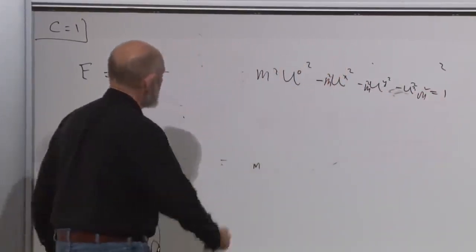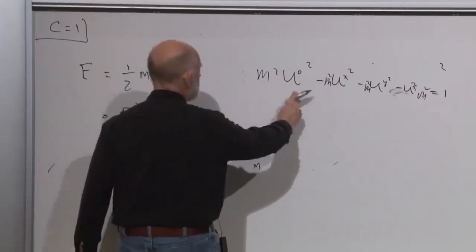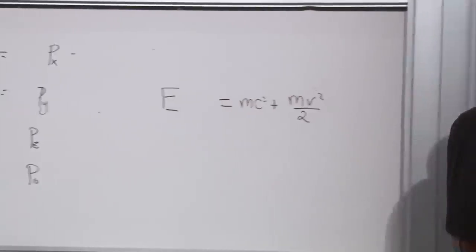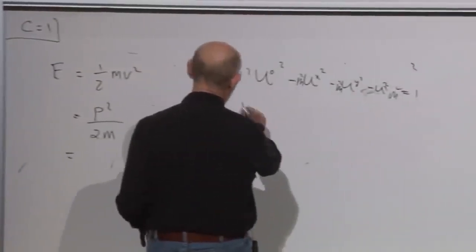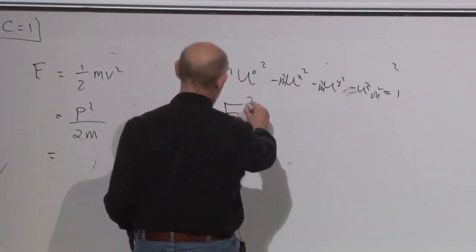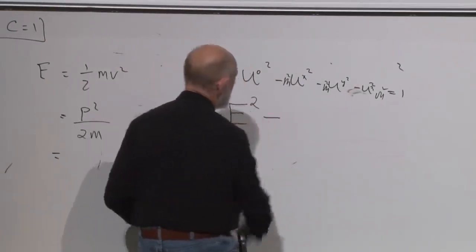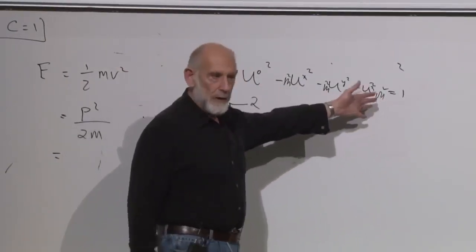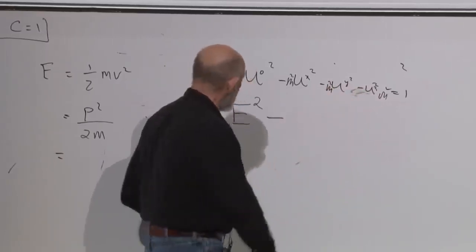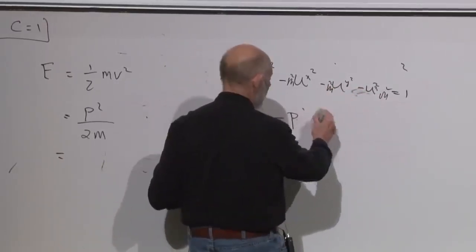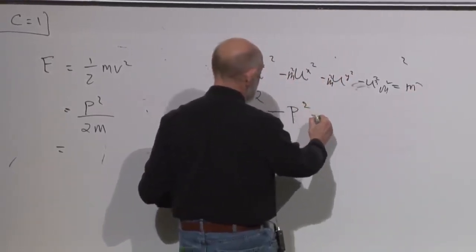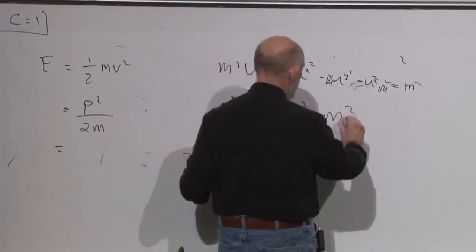And then this is the square of p0, but p0 is just the energy. So this becomes the square of the energy minus, and each one of these is the square of the corresponding component of momentum. E squared minus p squared, I forgot to multiply this side by m squared. E squared minus p squared equals m squared.